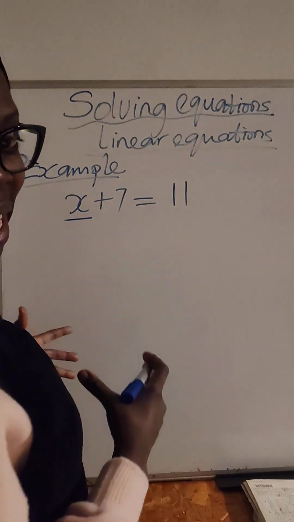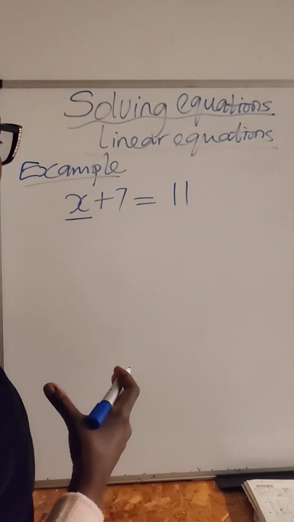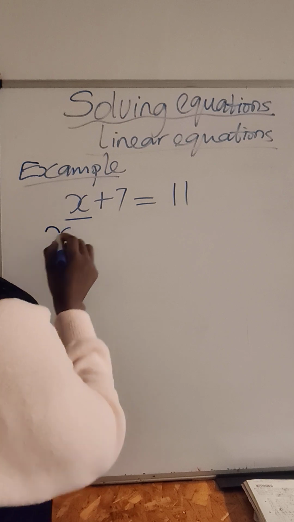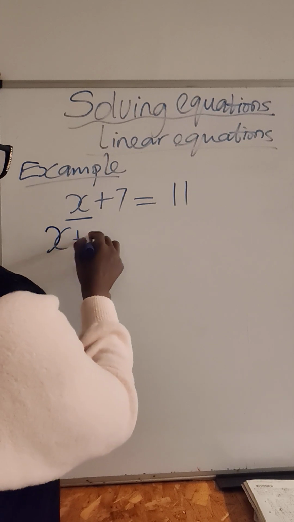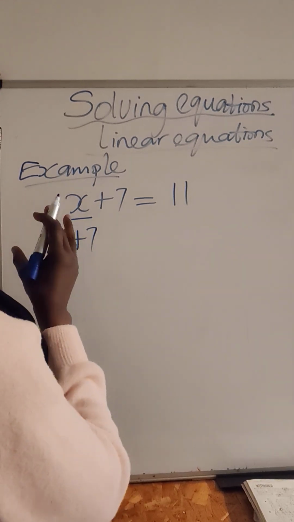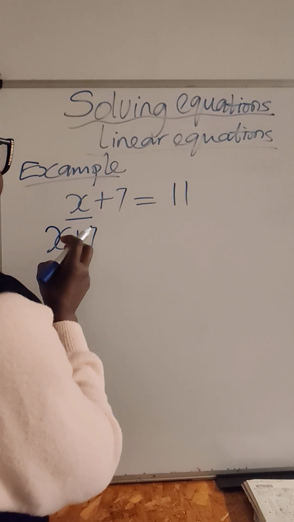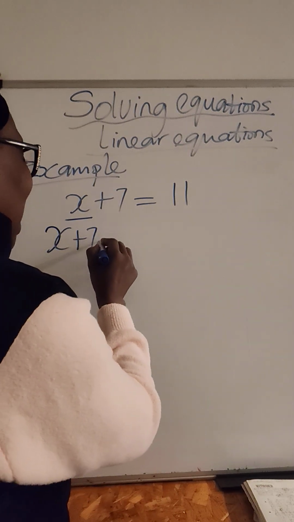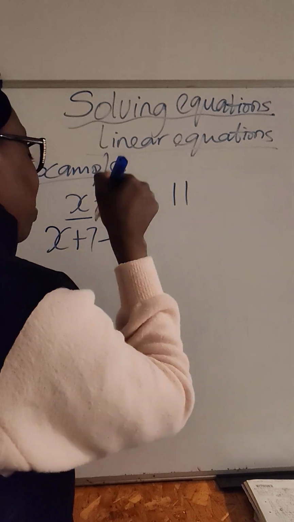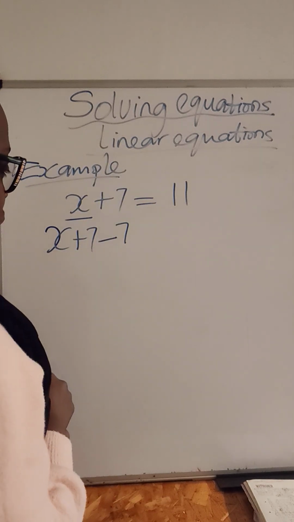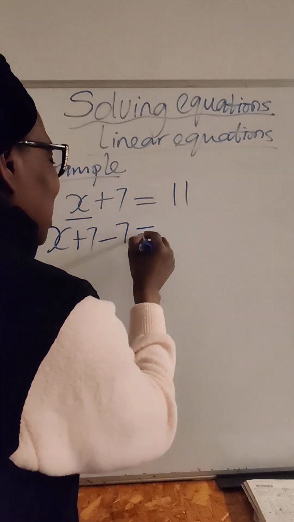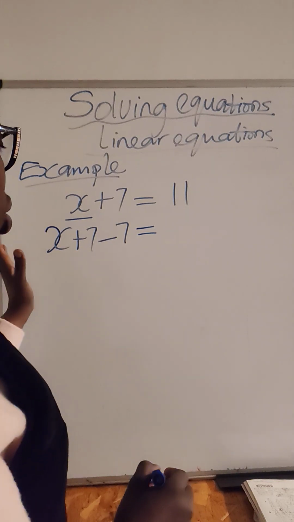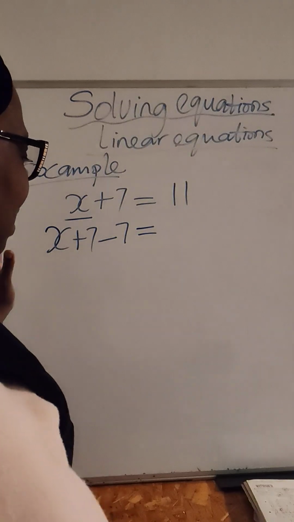I believe we are really getting it now. So what we'll do here is write x plus 7, but in order to bring the additive 7 away from x, we introduce a subtractive relationship of this same number 7. And whatever you do to the left hand side, also do to the right hand side.